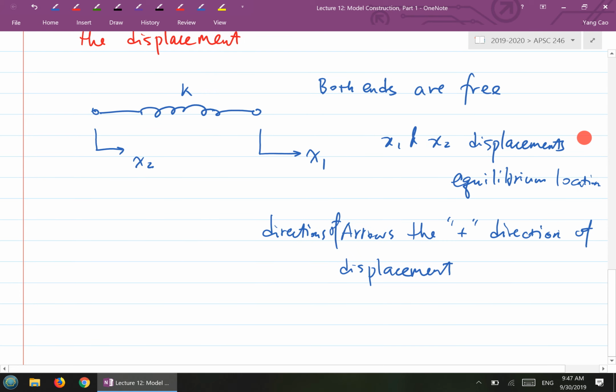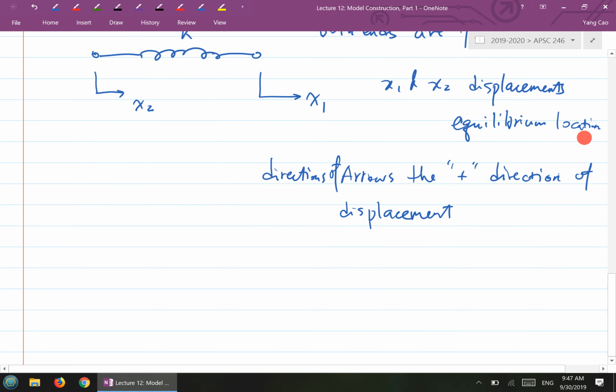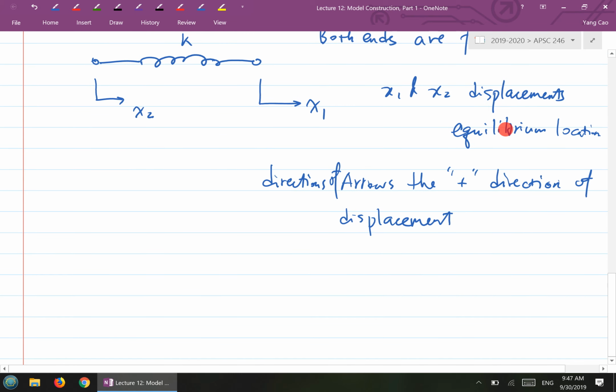Now let's apply Hooke's law to this situation. Because both ends are free to go, this time you have to differentiate which end we are looking at.